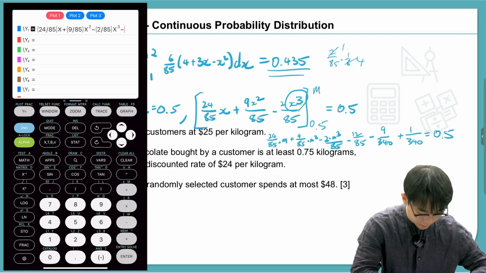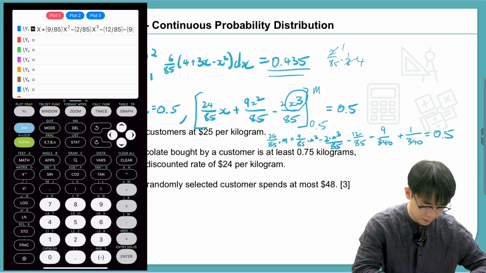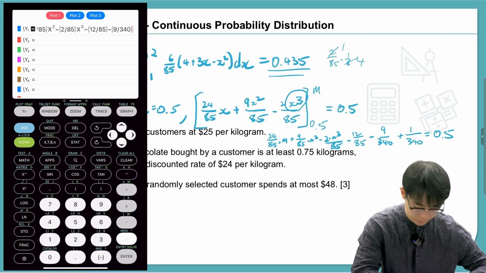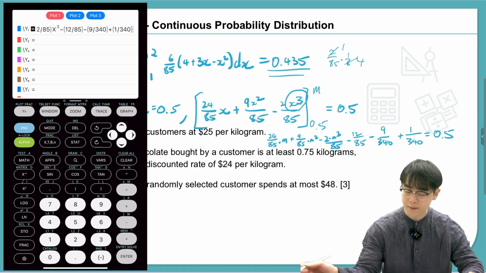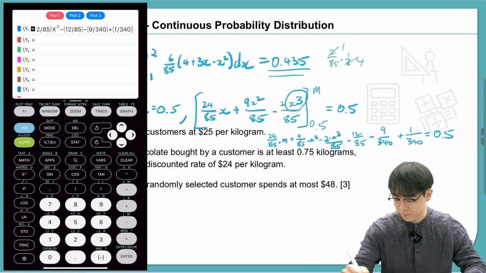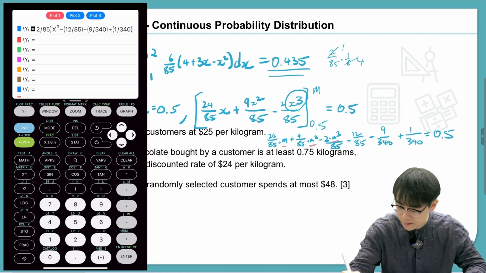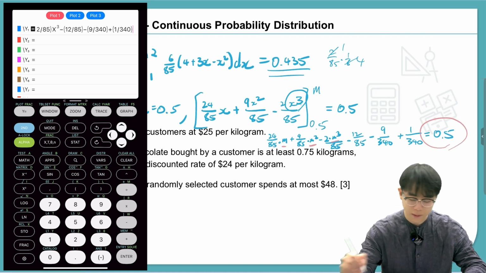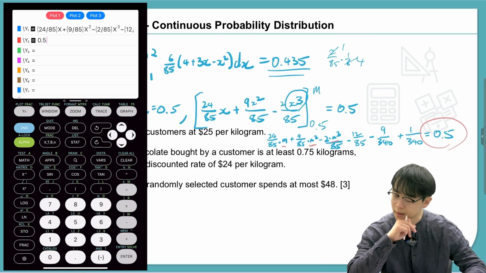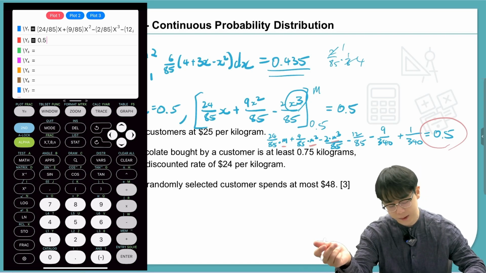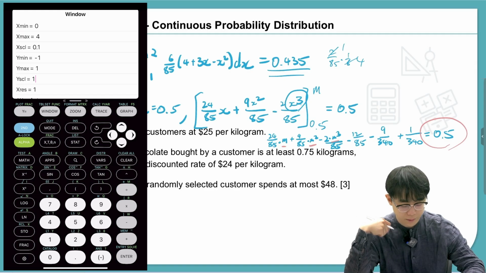Then we get minus 12 over 85, and minus 9 over 340 plus 1 over 340. So we want to solve for the value of m here. In our calculator, that's going to be x, when this whole thing becomes 0.5. So we want to find the intersection with 0.5. Okay, so since our median is going to be between 0.5 and 3, we just set our x windows to between 0 and 4.